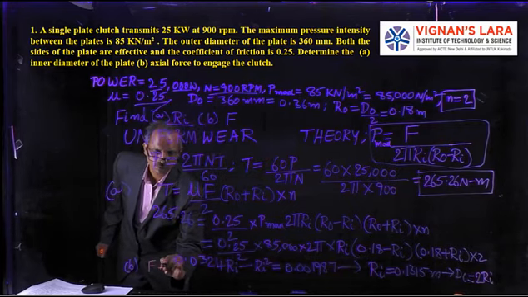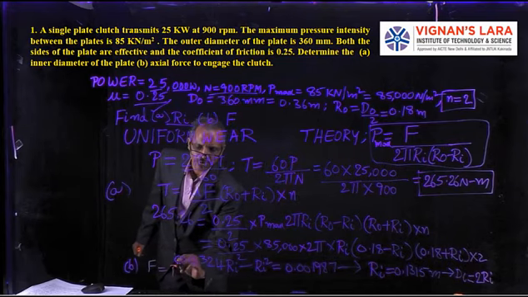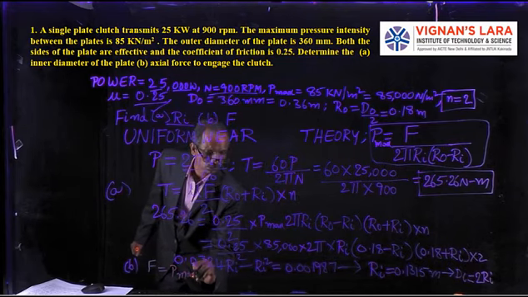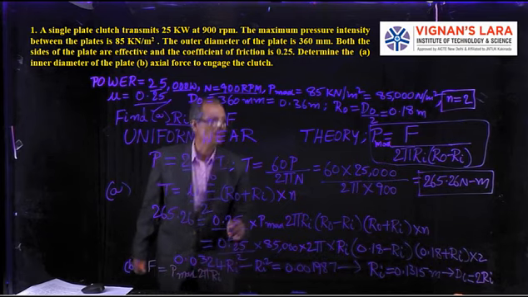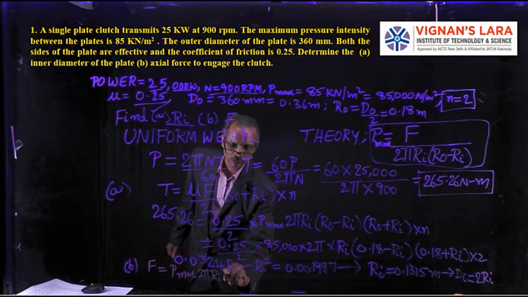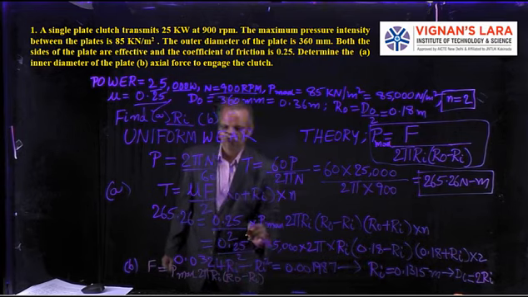F is equal to P max into 2 pi Ri into R naught minus Ri.